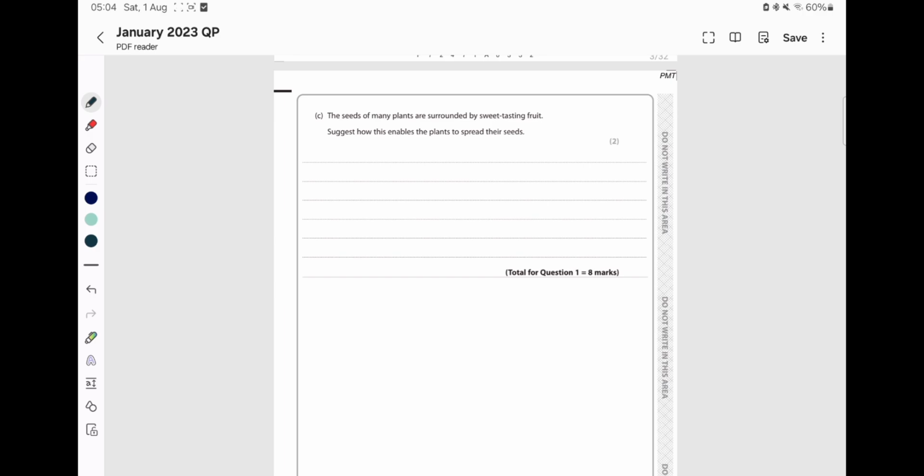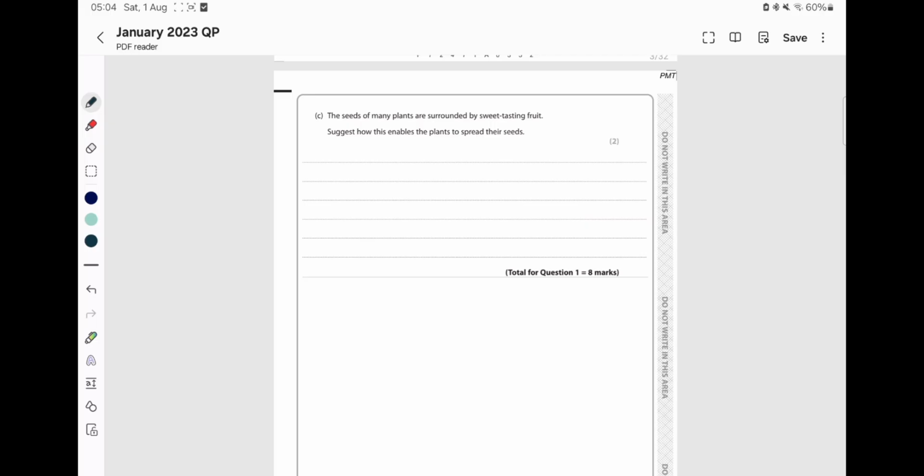So this helps spread the seeds around, instead of, if they had no fruit around them, nobody would pick up the seeds and throw them away, or release them with feces. So this enables the seed to be moved around.